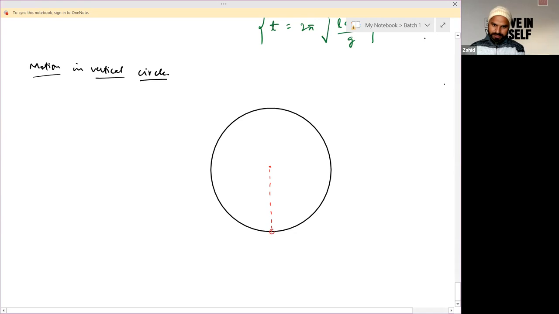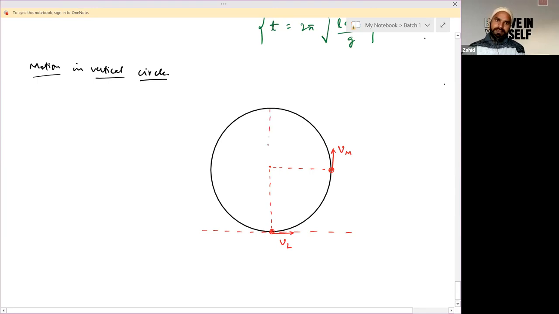So let's say this is lowest point, at which velocity of body will be VL. This will be midpoint, so body will be moving along this direction with some velocity Vm.